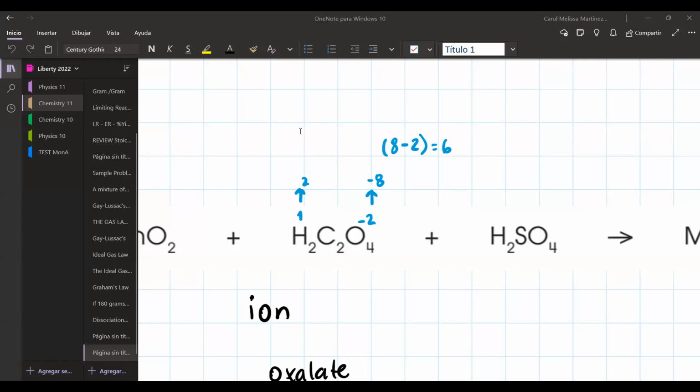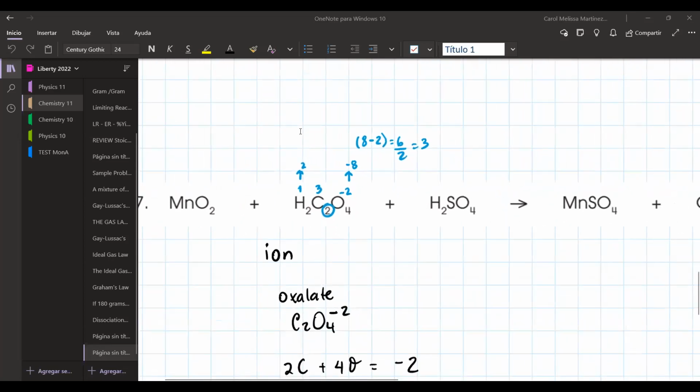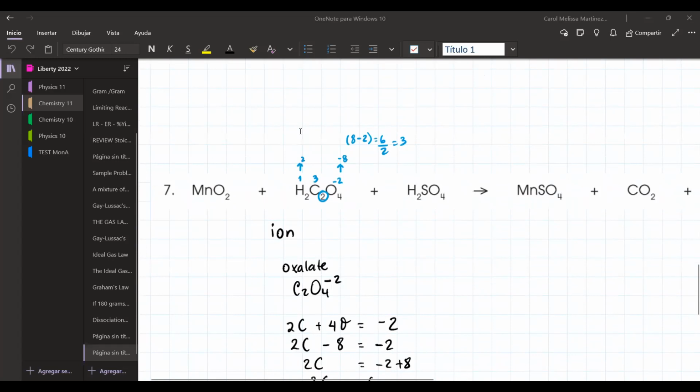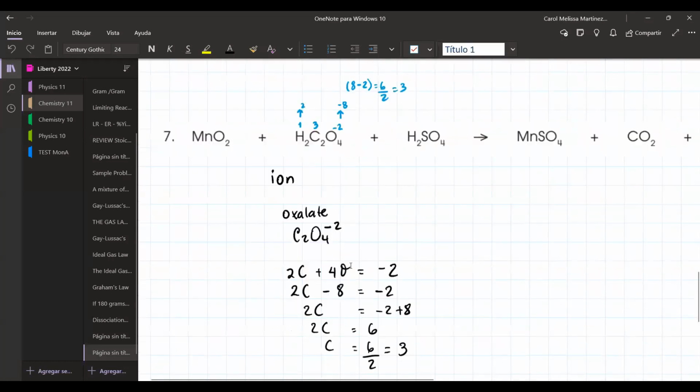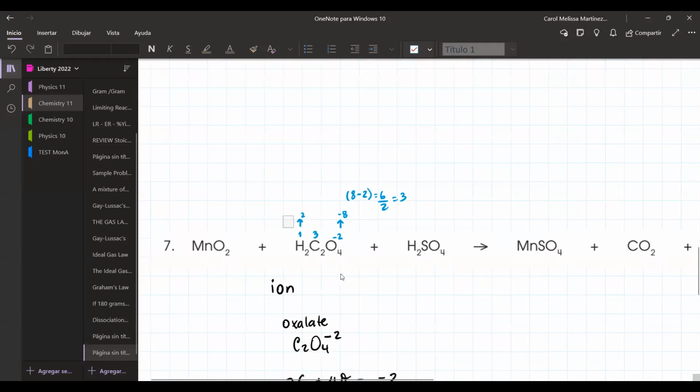And then I divide by the number of atoms and it gives me 3. And that's how I get carbon instantly. So carbon, when it's in oxalate, it's going to be 3 always. You can do it like this or mentally like that. In the end, the only difference is that you're going to divide by 2 because you have 2 atoms of carbon over here.